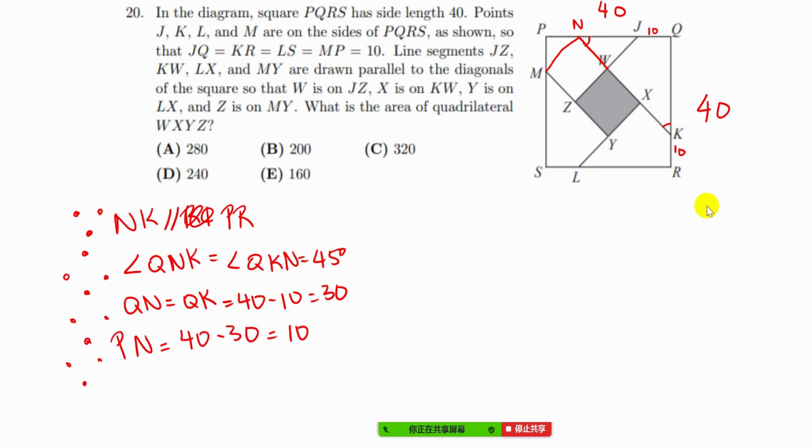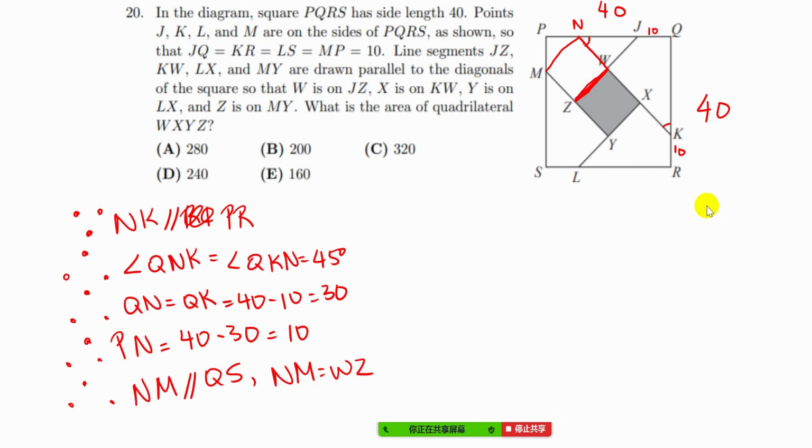And then lastly, we know that NM is parallel to QS and NM equals WZ. NM is parallel with QS, which is the other diagonal of the square PQRS, and NM equals WZ, which is one of the sides of the quadrilateral that we are trying to solve.